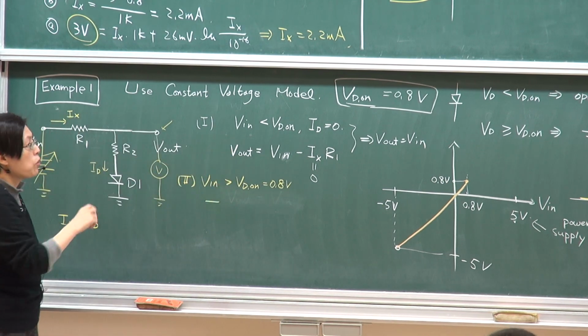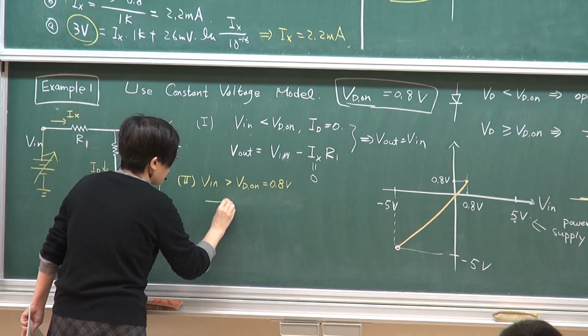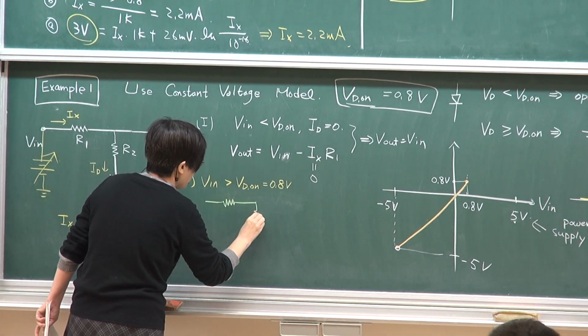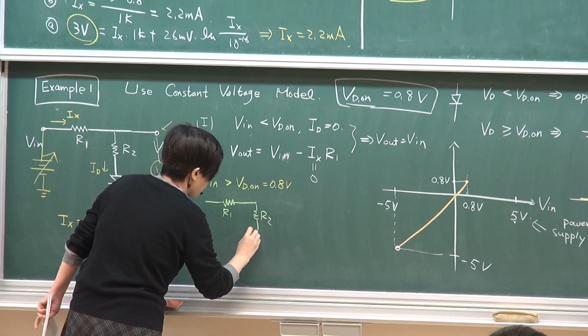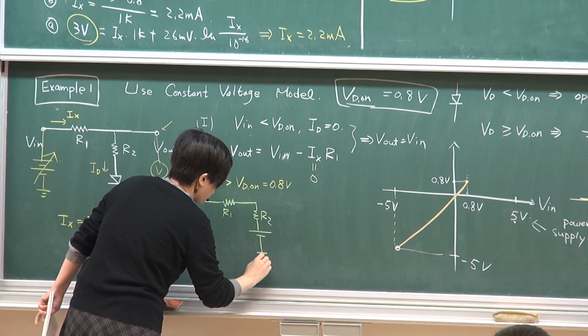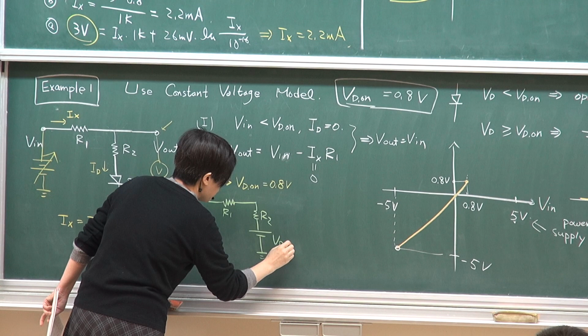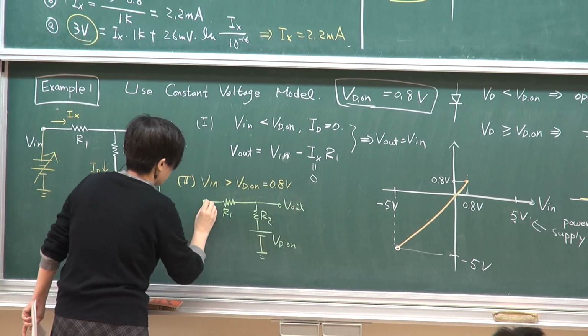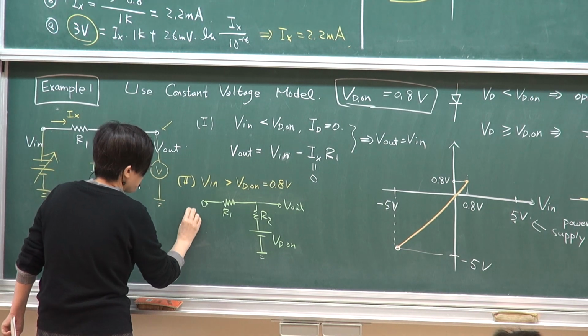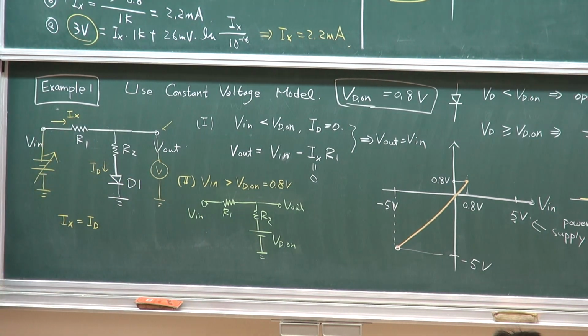You simply insert your model in. This will be R1, R2. This will be my VA. Right? This will then be your circuit.